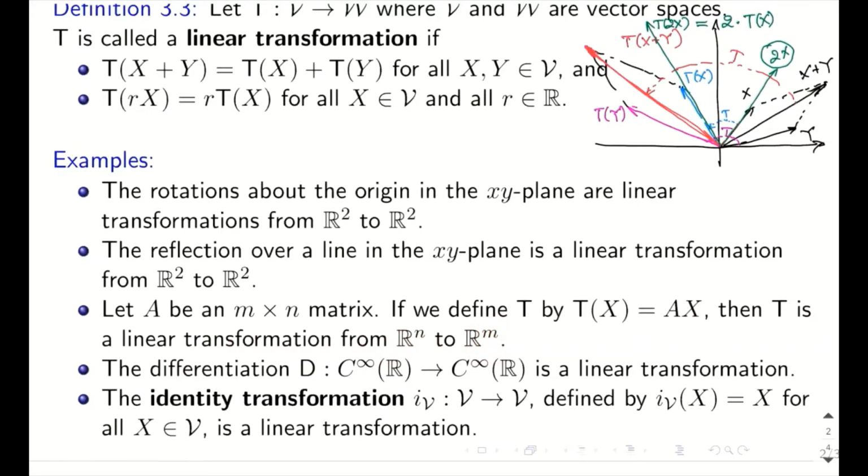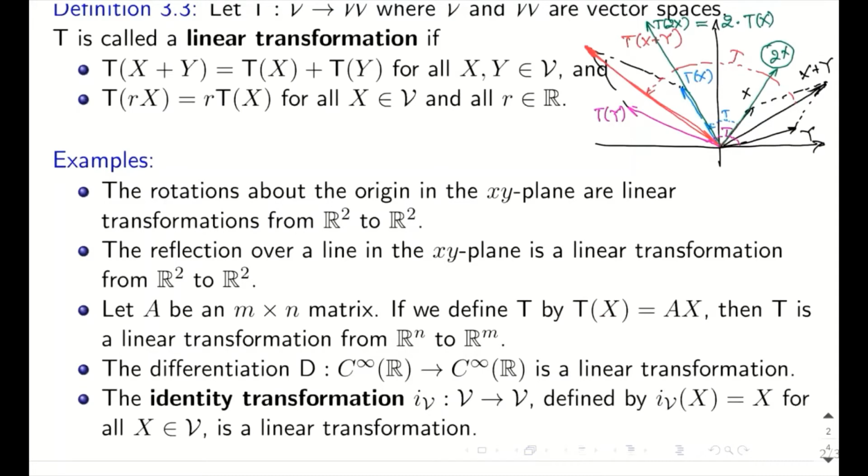Why is it from Rn to Rm? That is because if you want to multiply A and X successfully, the number of columns in A and the number of entries in X will have to be the same. And because A has n columns, the number of entries in X will be n. And so X is in Rn.